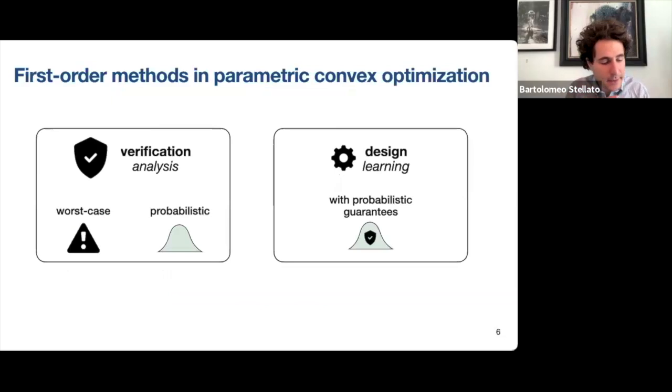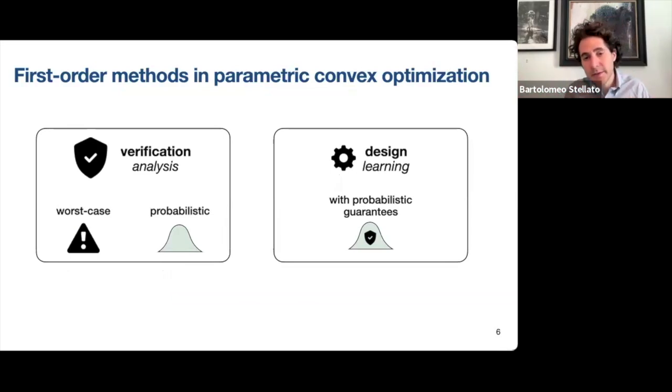So in the first part of the talk, I will focus on verification, which is the problem of analyzing these first-order methods. I will analyze them both in the worst-case sense, where we want to always be 100% sure that we never violate some conditions on the quality of the solutions, and then in the probabilistic sense, where we may allow sometimes, rarely, to violate these constraints, but we want to control how often it happens.